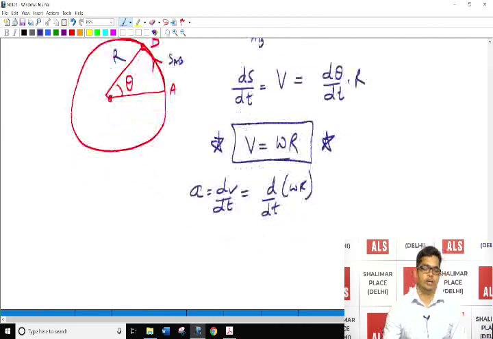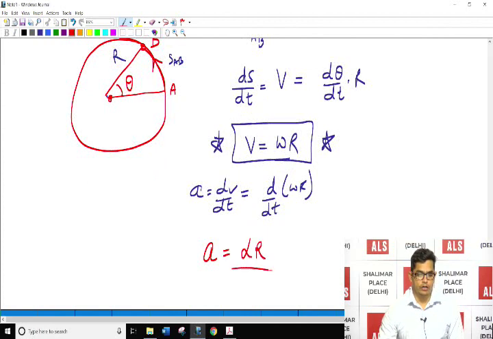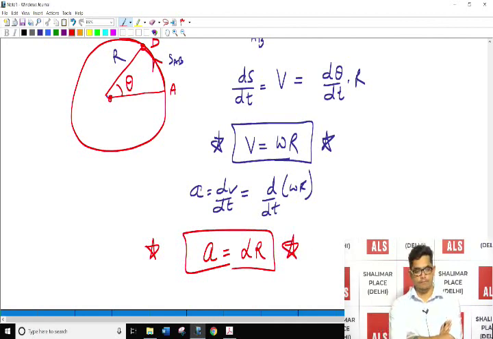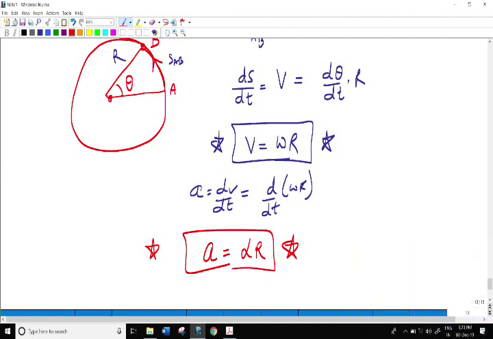Again, r is constant, so acceleration is equal to alpha into r. Understood?